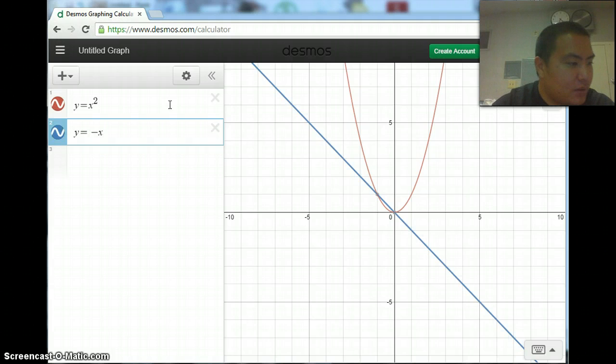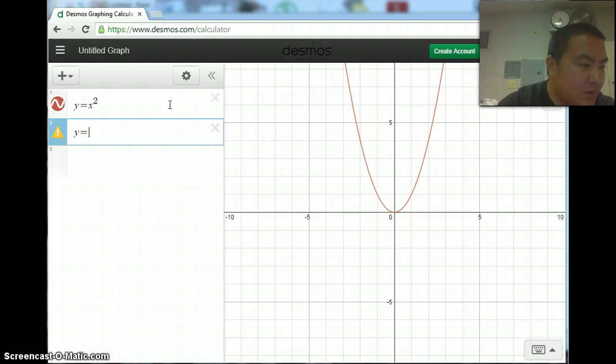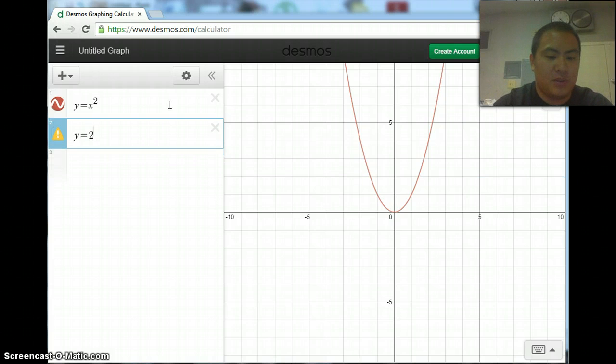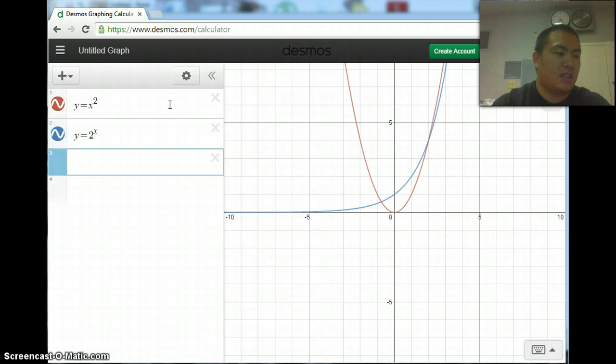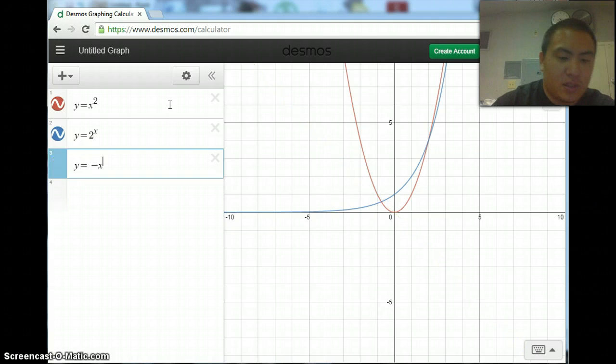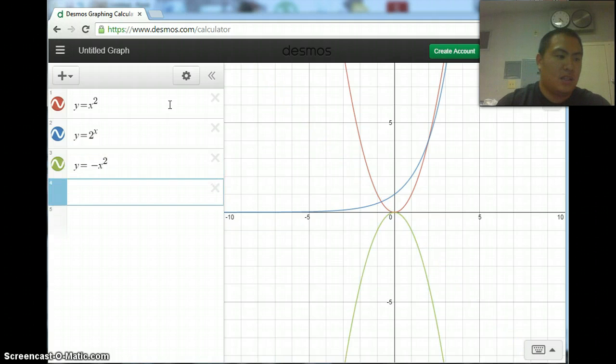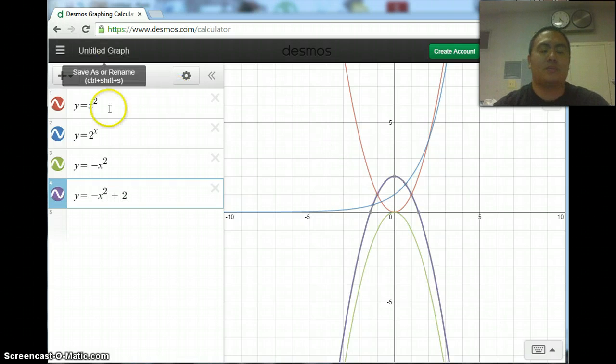Oops, let me do b first: y equals 2 to the x. So I press shift plus 6, and that gives me 2 to the x. The next one will be y equals negative x squared, and the other one is y equals negative x squared plus 2.